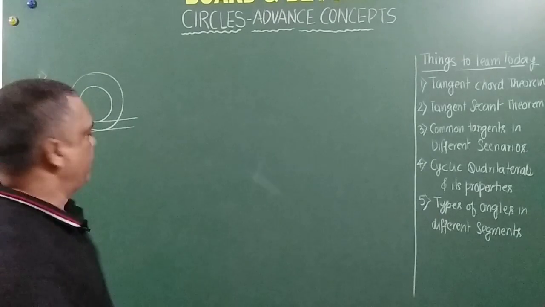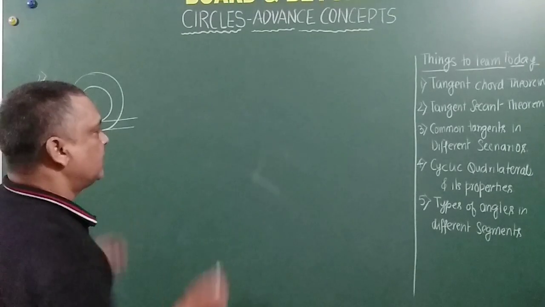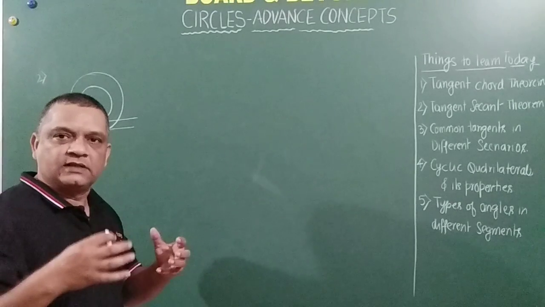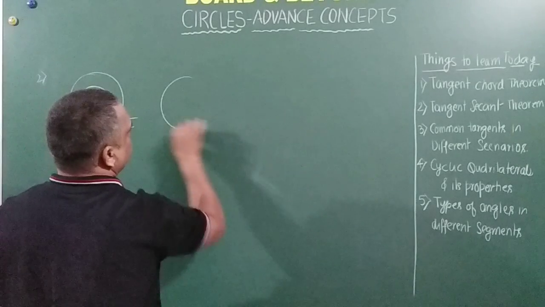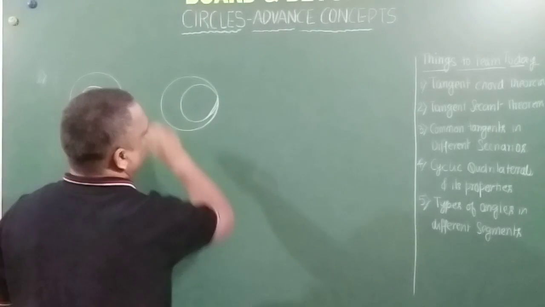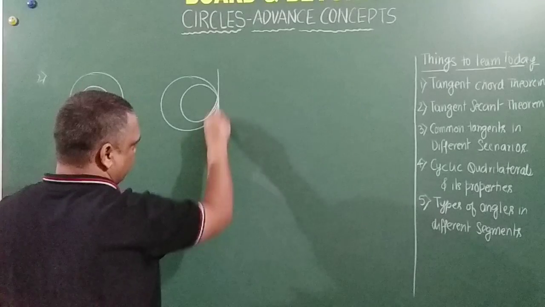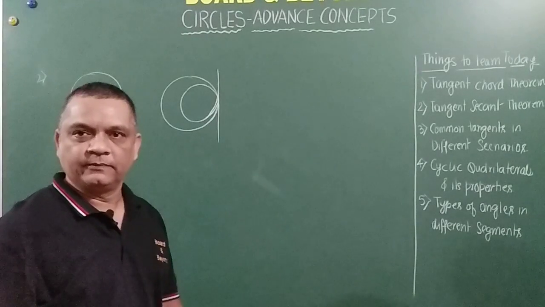Right? Okay. Next, we have seen concentric circles. Now let's say two circles which are touching each other from inside, something like this, friends. Okay, so we can have only one common tangent like this. Rest, there is no possibility.